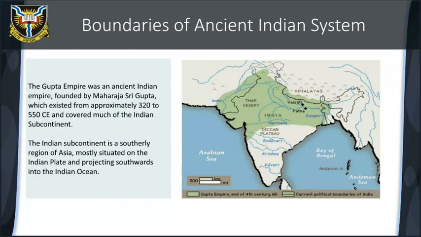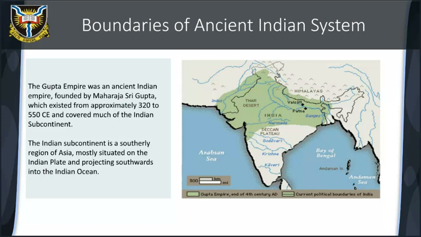Boundaries of the ancient Indian system. The Gupta Empire was an ancient Indian empire founded by Maharaja Srigupta, which existed from approximately 320 to 550 CE and covered much of the Indian subcontinent.